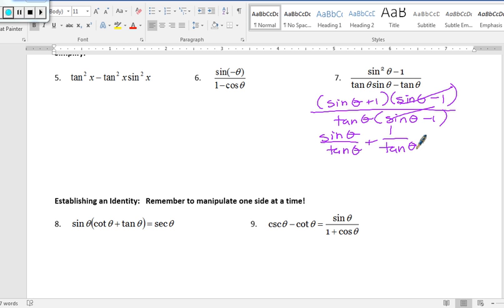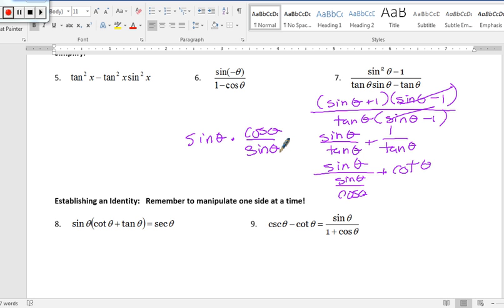What I'm going to get here, this is really going to be sine theta over sine theta over cosine theta plus 1 over tangent, which would be cotangent theta. If you think about this as a keep, change, flip situation here, I could say sine theta times cosine theta over sine theta. That's what a fraction really means. You're dividing, so you keep, change, flip. The sines cancel out, so we're going to wind up with cosine theta plus cotangent theta.